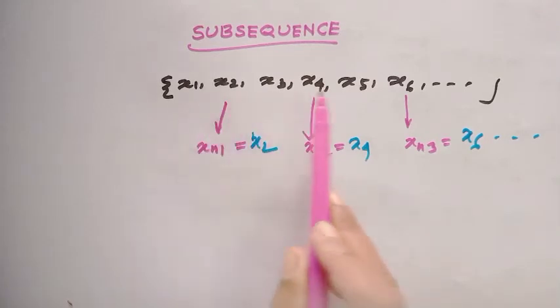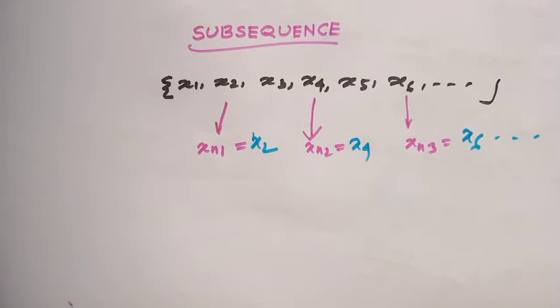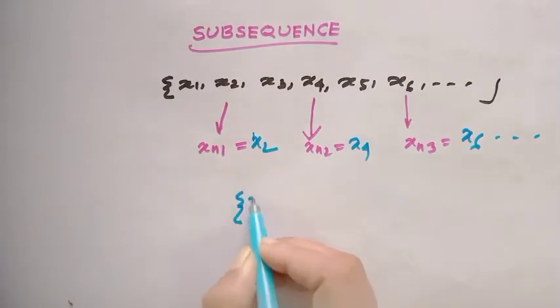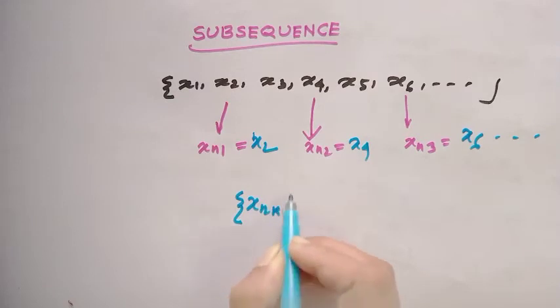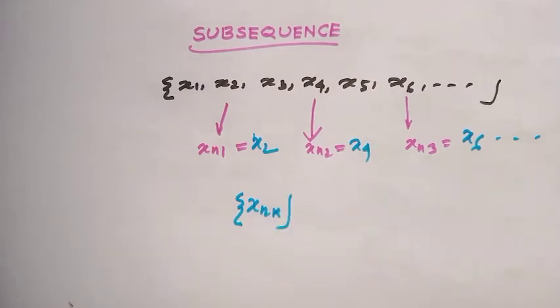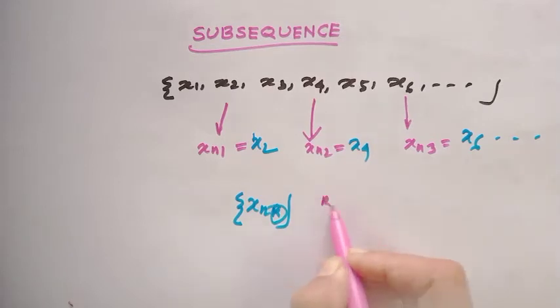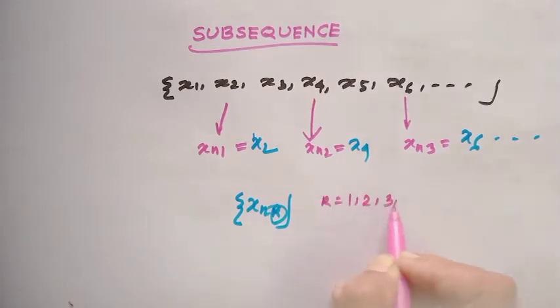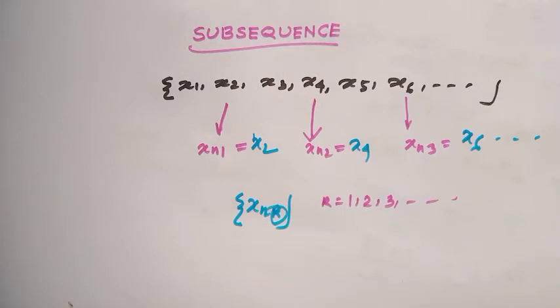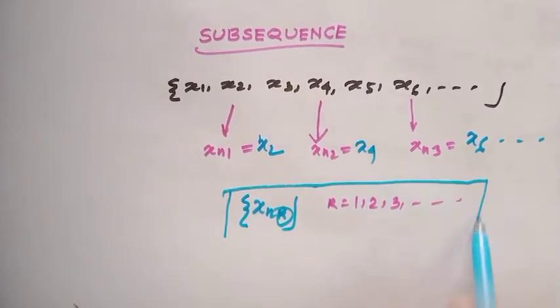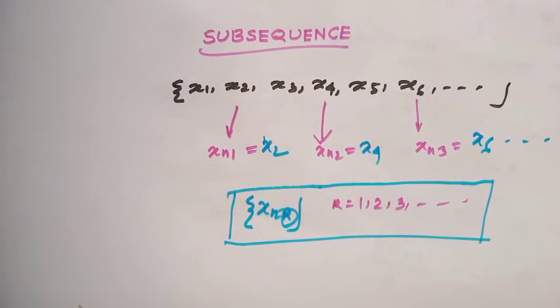The index of the original sequence is n, but the index of this new sequence is not n, it is k, where k equals 1, 2, 3, and so on. This is called a subsequence. There can be many subsequences.